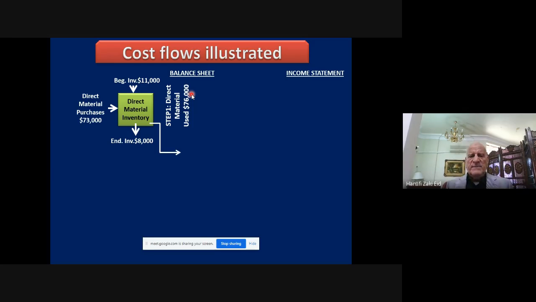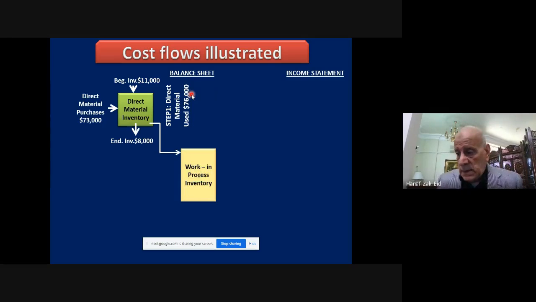The second item, as you know, is labor. These materials, which were calculated to be used, entered the factory and are used in processing the units. So this sum is allocated to work in process inventory.